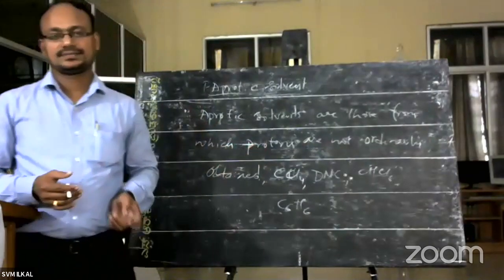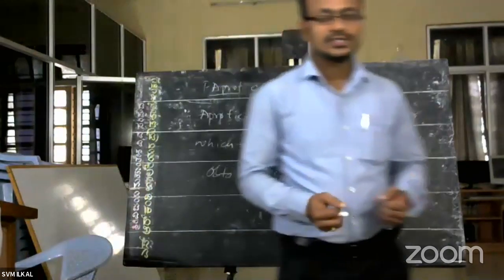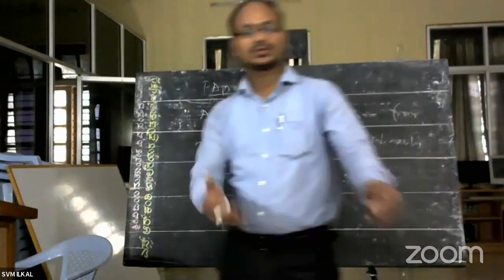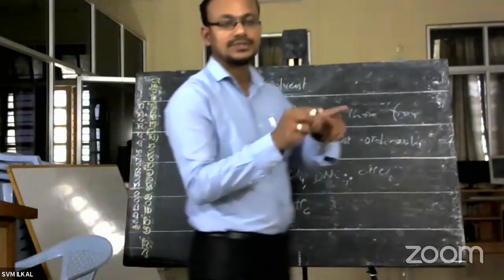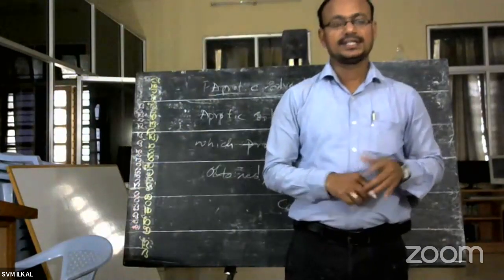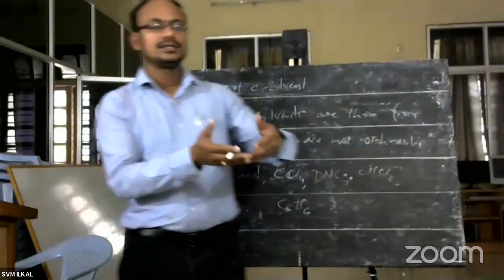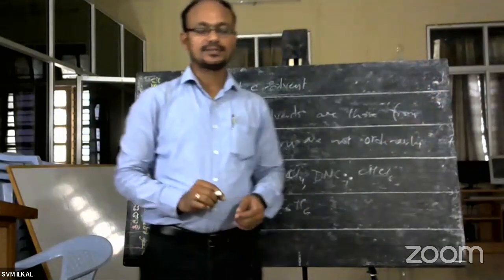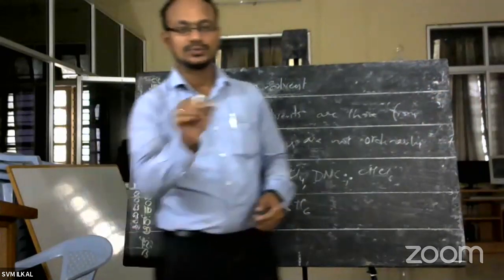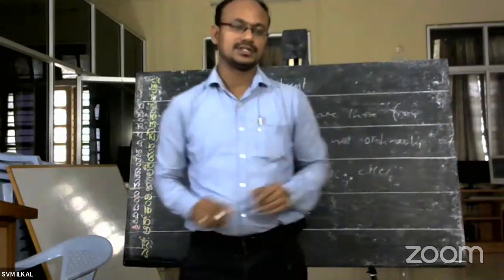So in today's class we'll wind up with this concept. In the next class we'll talk about what properties a good solvent should have. If I want to call something a solvent, what property should it possess? If you take your classroom, there are plenty of students, and we give specific numbers, register numbers, in order to identify them, for clarity.